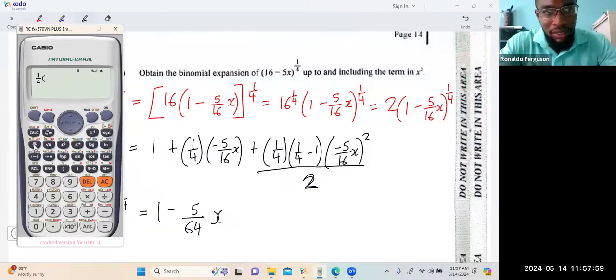Quarter bracket, quarter minus 1, close the bracket. In this bracket, minus 5 over 16, close this bracket. And then I know that I'm going to have to square it. Then I have to divide it by 2.